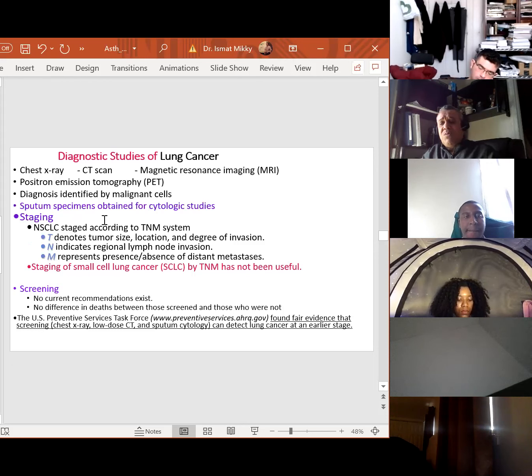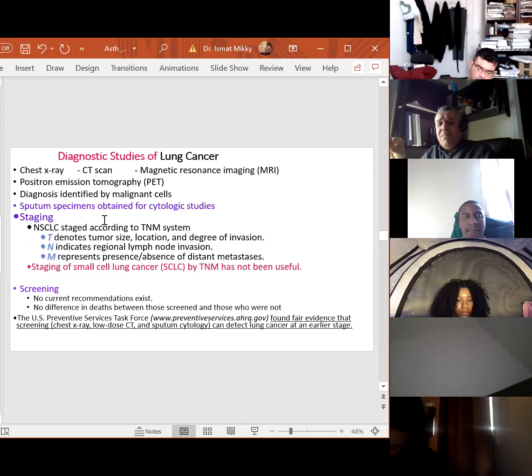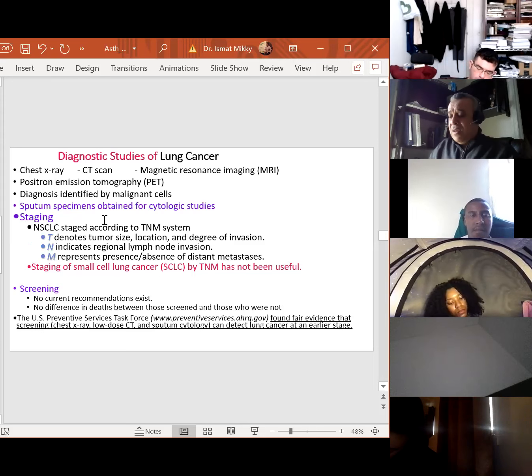Patients with stages 1, 2, and 3A, Roman numeral 1, 2, and 3A, with these stages of lung cancer may be good candidates for surgical interventions. However, patients in stage 3B or 4 tend to have poor prognosis.